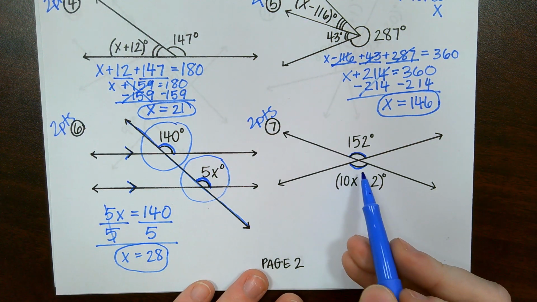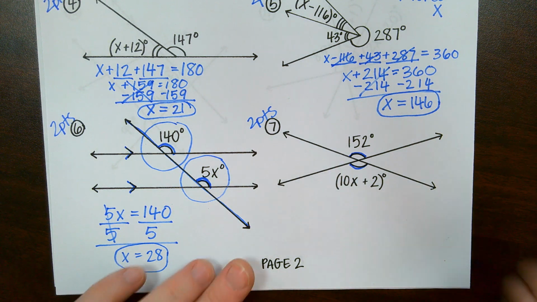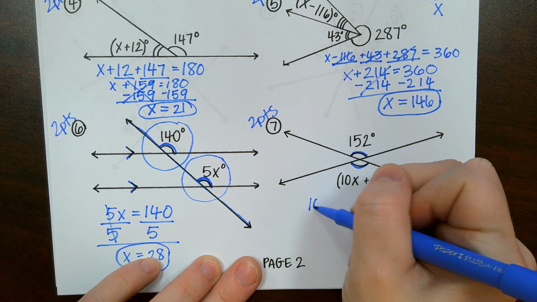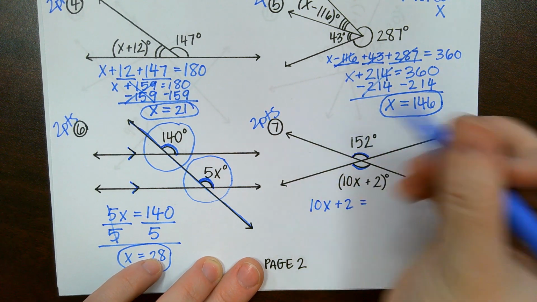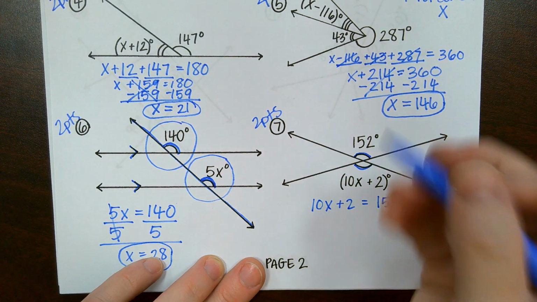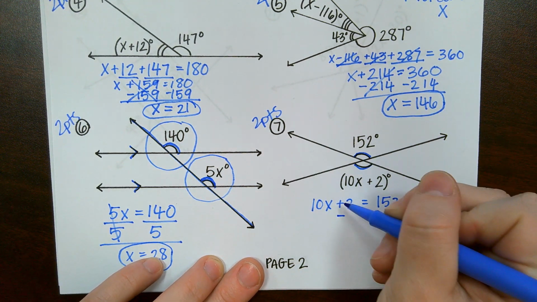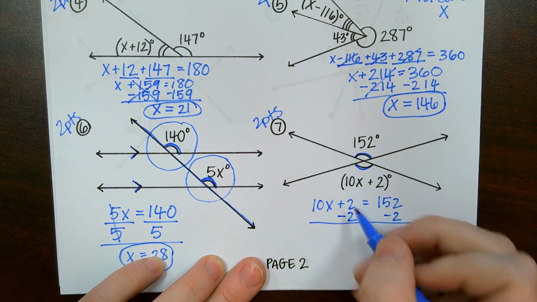So similarly to number 6, we are going to set these angles equal to each other to solve for x. So I'll write 10x plus 2 is equal to 152. Now we'll just solve like normal. I'm going to subtract 2 from both sides.